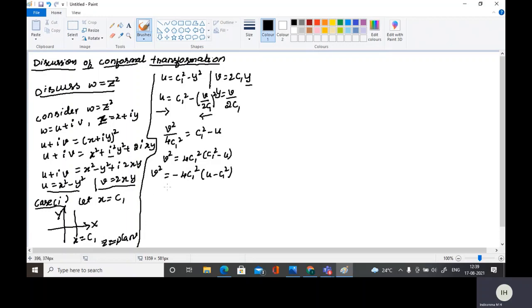It looks like y square is equal to 4a into x minus h. So this represents a parabola in the W plane, symmetric about the real axis. Real axis means u axis.